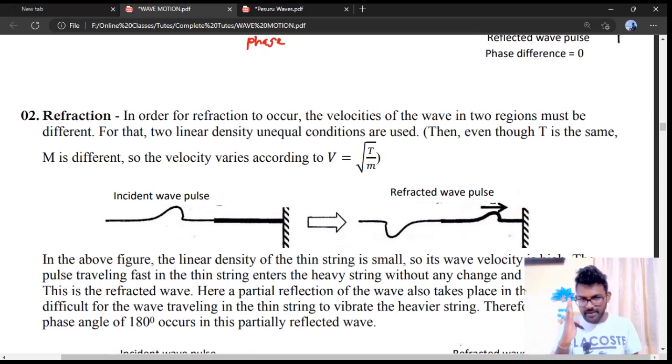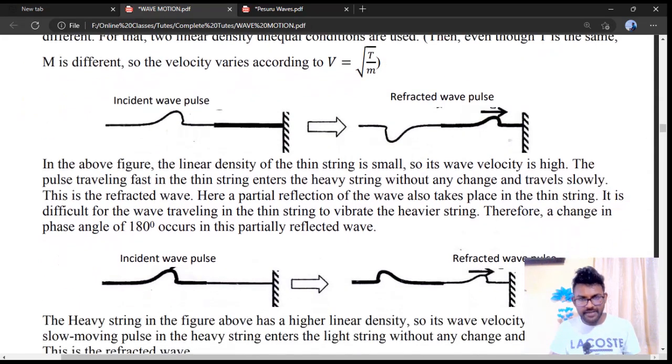No, right? The wave coming from the light string sees this point as kind of a rigid point, right? While they are lifting up the particles at the heavy string a little, there will be a partial reflection as well. So you can see something like this goes back, right?